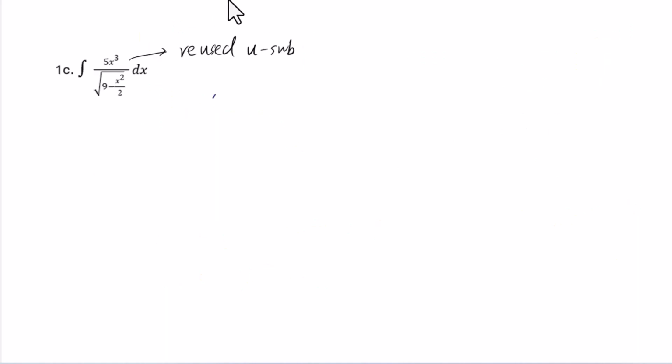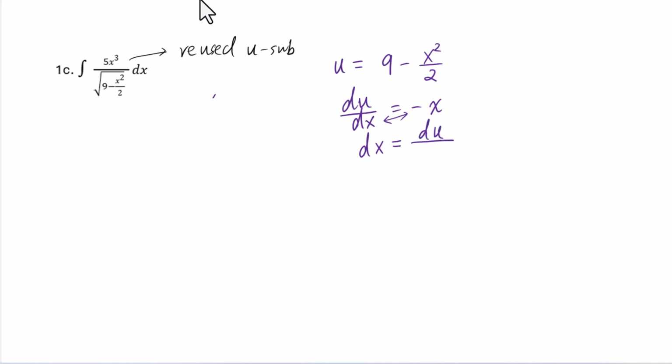Let's go to 1c. We will make u equals (9 minus x squared)/2. So du/dx equals negative x. Then dx equals, switch these two, du over negative x.